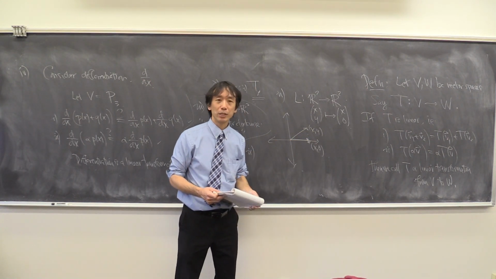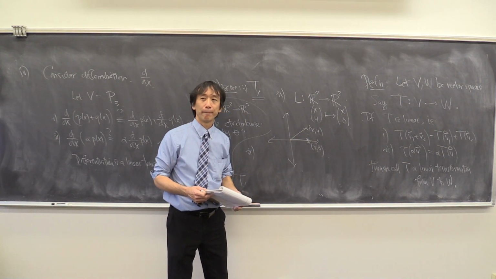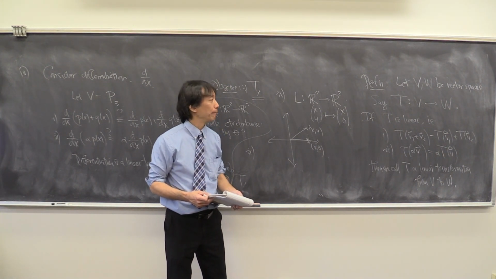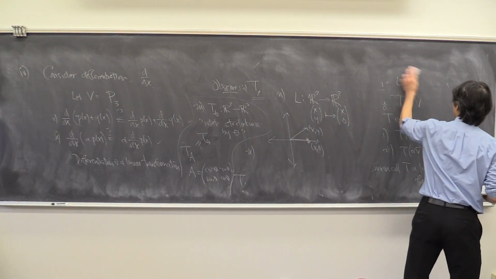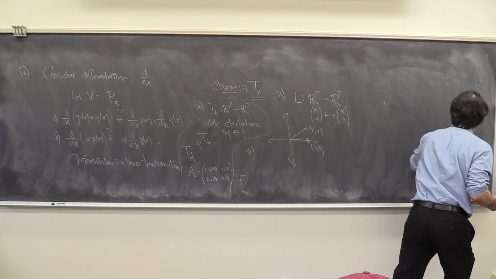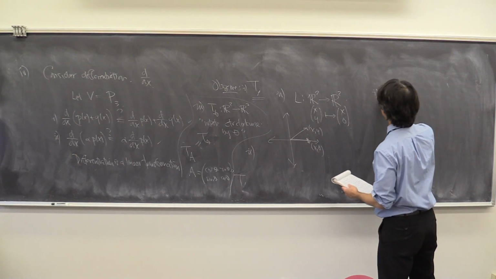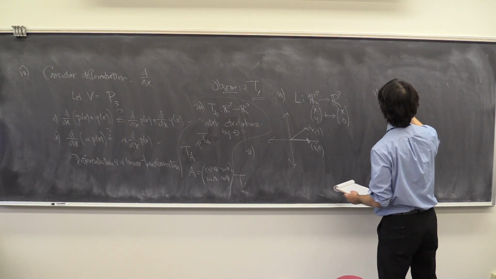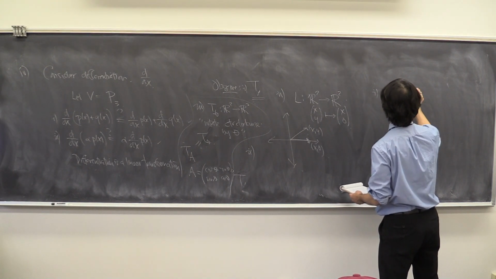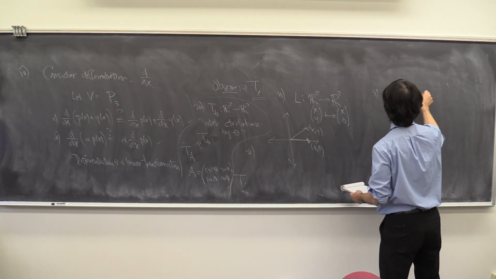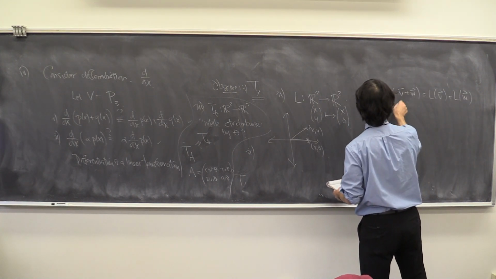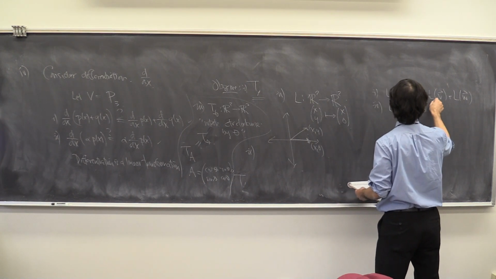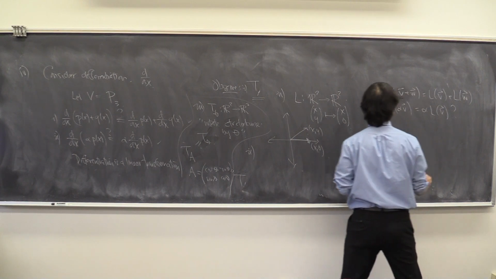Is this a linear transformation? To check, you need to check whether L of one vector plus another vector equals L of one vector plus L of the other vector. You also need to check whether L of alpha v equals alpha L of v.